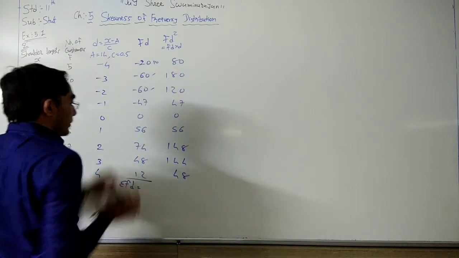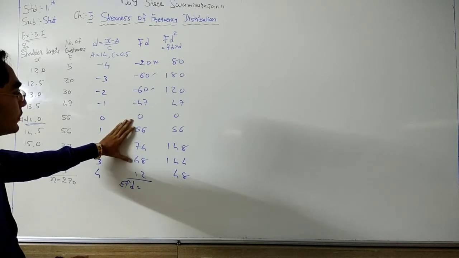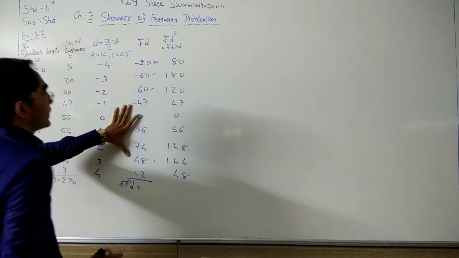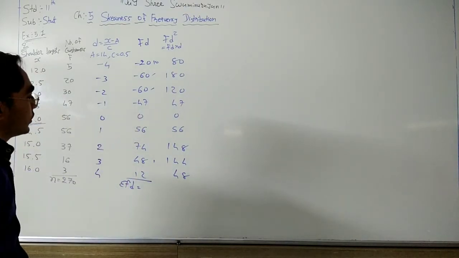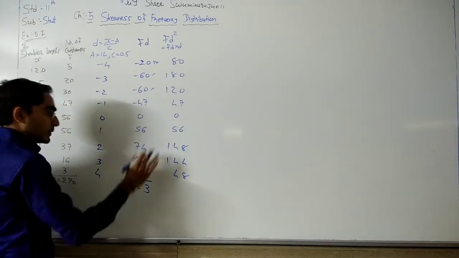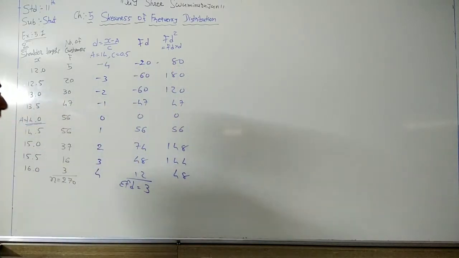So 110 is remaining from here. Okay, done. Then 48 and 47, only one is there. And 12. So 12 plus 1, 13 minus 10, 3. Okay, you can use the calculator. Here sigma FD is 3.